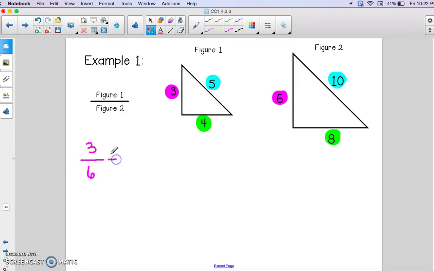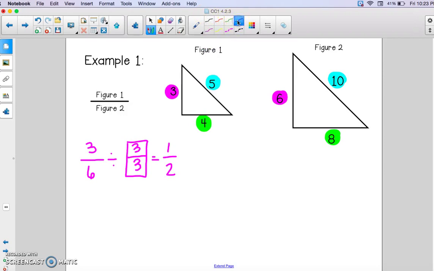And I'm going to use my giant 1 to figure out, is there a number that goes into both 3 and 6 evenly? So looking over there, I noticed that 3 goes into both 3 and 6. So I'm going to put 3 inside my giant 1. 3 divided by 3 is 1. 6 divided by 3 is 2. So my ratio is 1 to 2.